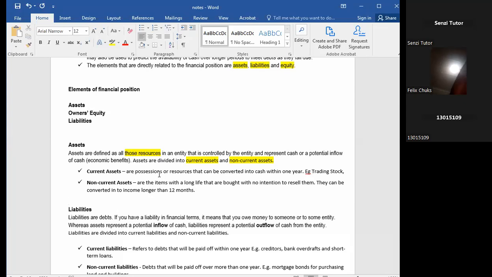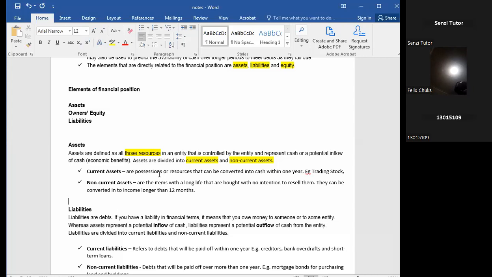Now, what are the current assets? There are two types of assets. We have current assets and also non-current assets. Remember, assets are all the resources that are controlled by the entity.